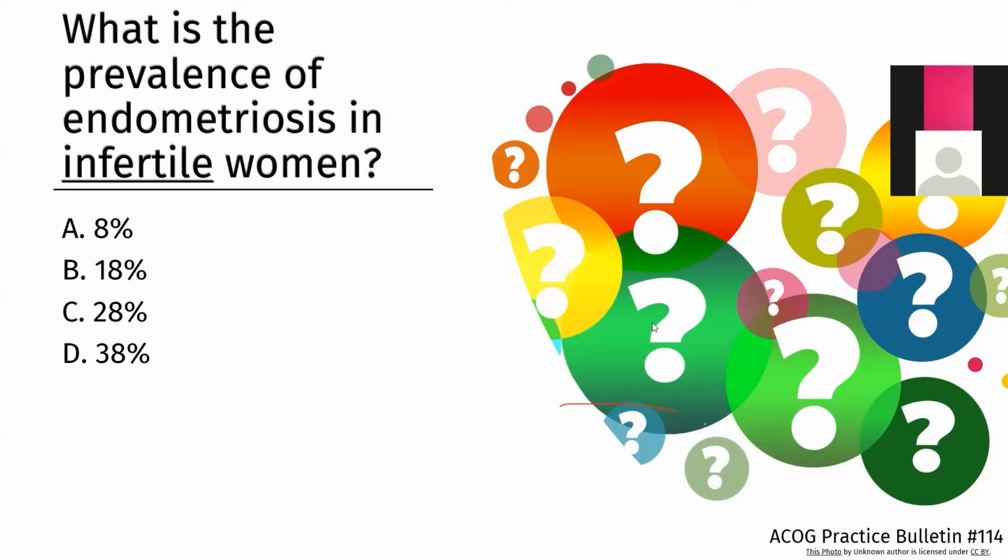All right, now we're going to pare that down a little bit more. So what is the prevalence of endometriosis in women who are determined to be infertile? And let's take 10 seconds. Hold your answers, please. And then I'll give you the countdown.